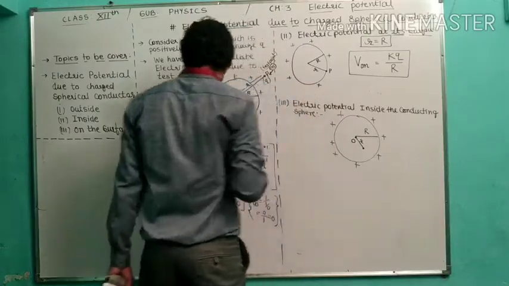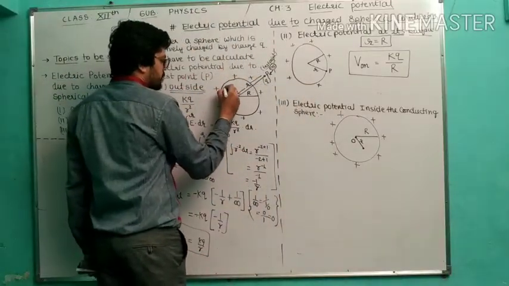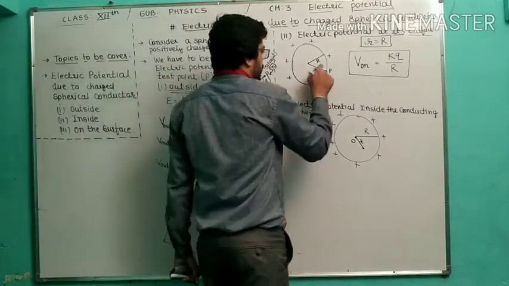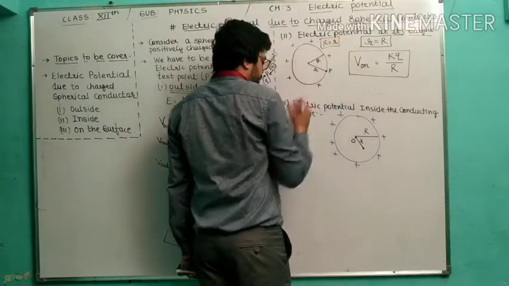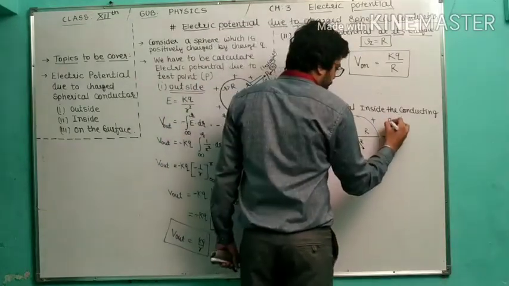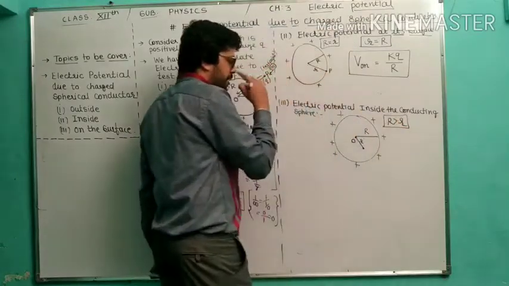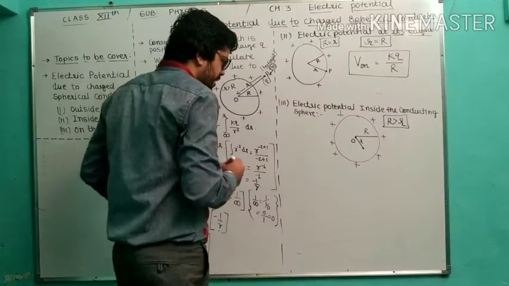One important thing: here capital R is more than small r. In the earlier case capital R is equal to small r, and here capital R is more than small r, because in NEET and JEE examinations this type of condition is asked, and you can solve this type of question in a very easy style.